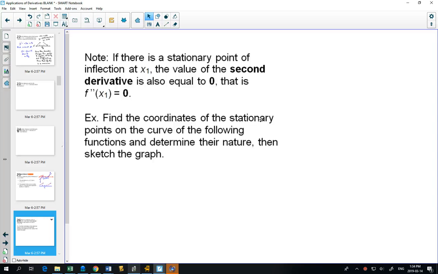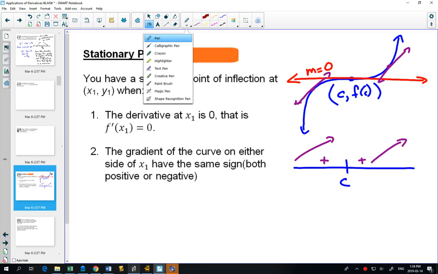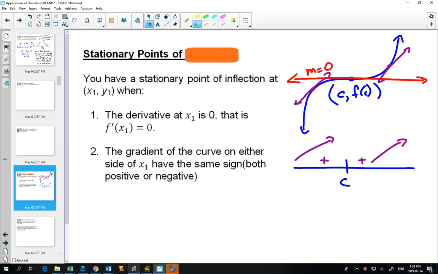If we have a stationary point of inflection, the second derivative will also be equal to 0. So later we're going to find out that inflection points are actually points on the graph where your graph changes curvature. Notice in the yellow part, it's concave down.